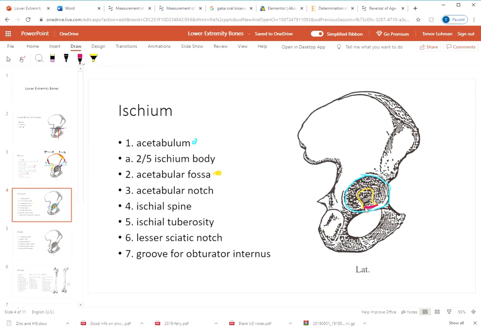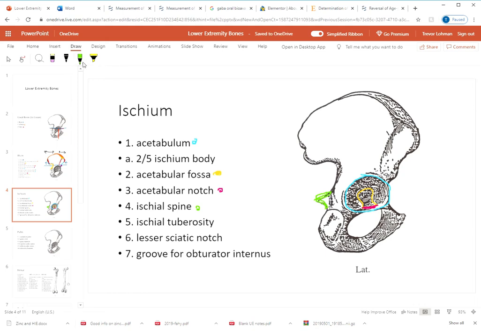Right here, so I'll just highlight there. Acetabular notch. Then we have a really prominent spine called the ischial spine right here. Ischial spine, not the prettiest one I've ever seen.